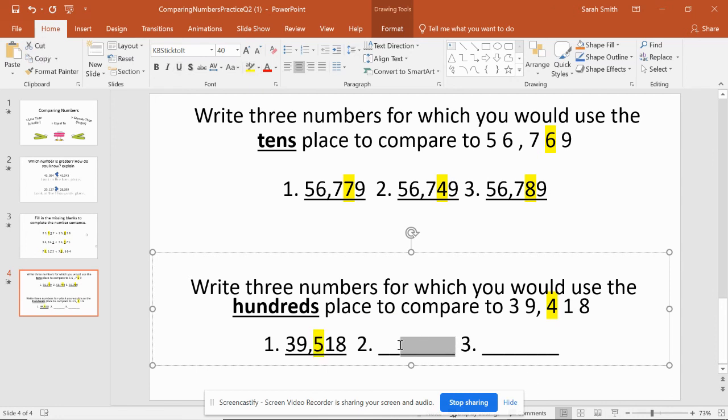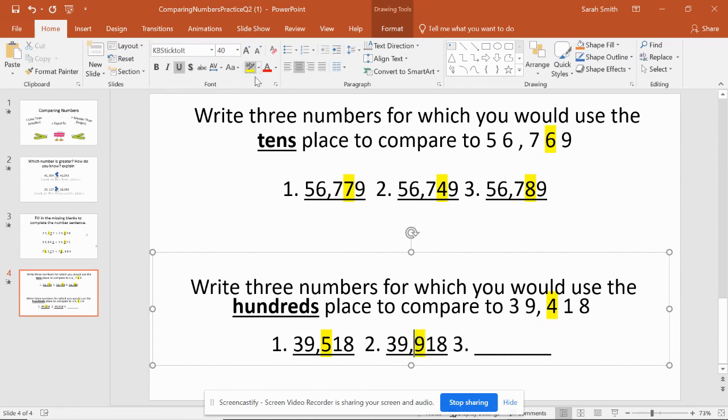All right, so now again, when it says to use a certain place to compare, you cannot change anything before that place, and you simply use a different number in that place, and then everything else can either stay the same or change after it. But before it, you cannot change.